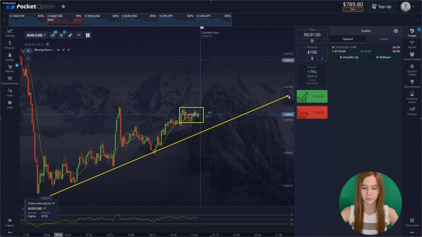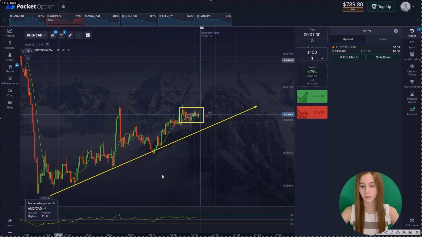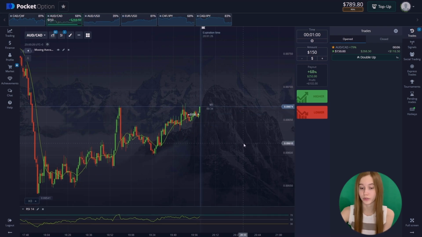Upper limits, the general trend is upward. RSI is located at the bottom. We see that we also have a small moving average at the correct upper position. It confirms that our trend is increasing, and we opened up for growth. Let's see. Yeah, great.